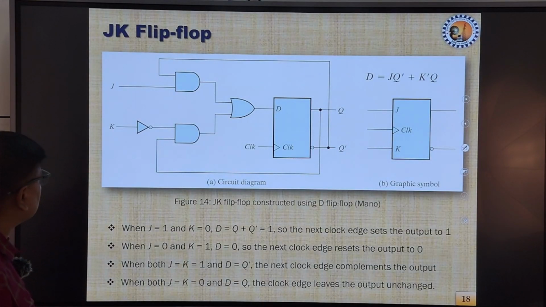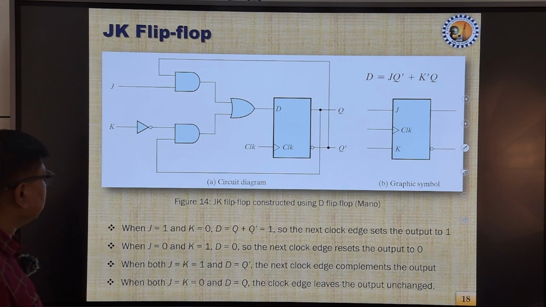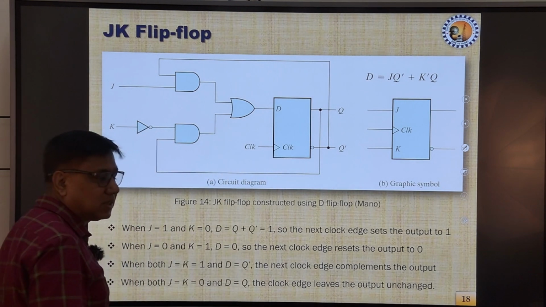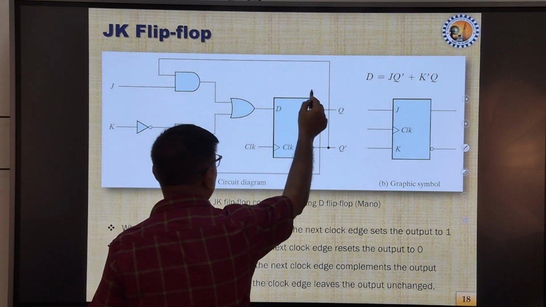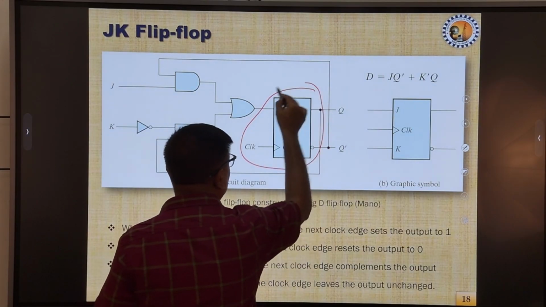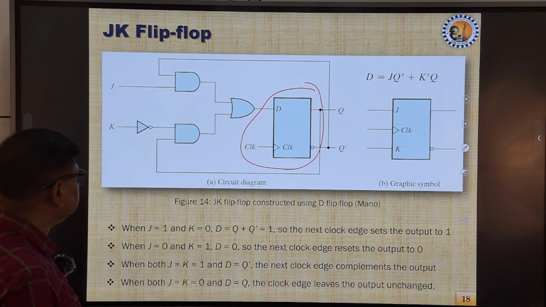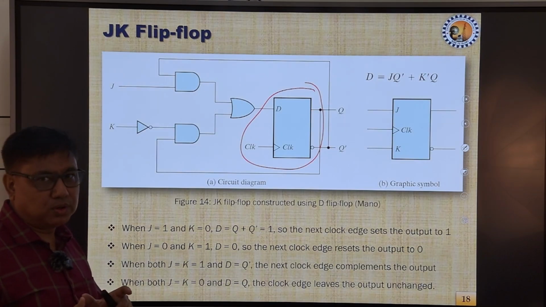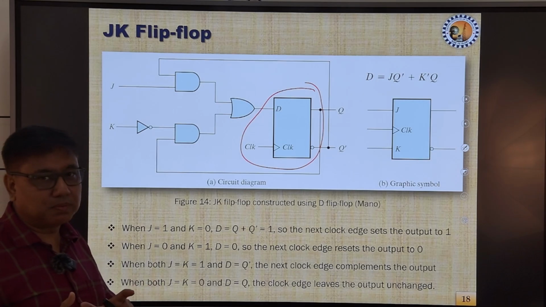So this is a JK flip flop, the internal logic diagram. It has been constructed using a D flip flop, which we have discussed in the previous slides. Now this is basically the D flip flop, which will follow the truth table of a D flip flop, and with certain arrangements at the input, we can convert this flip flop into a JK flip flop.